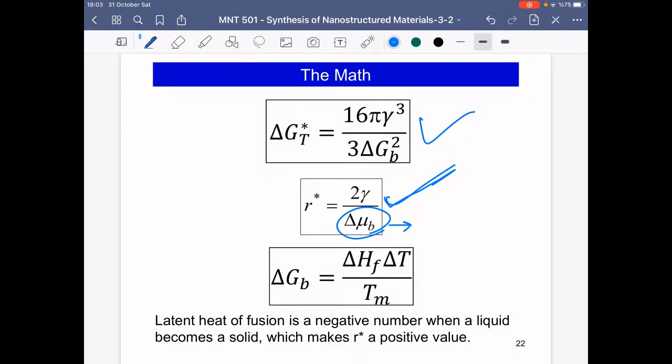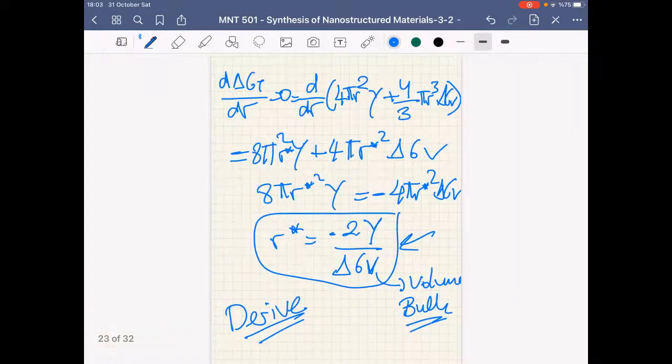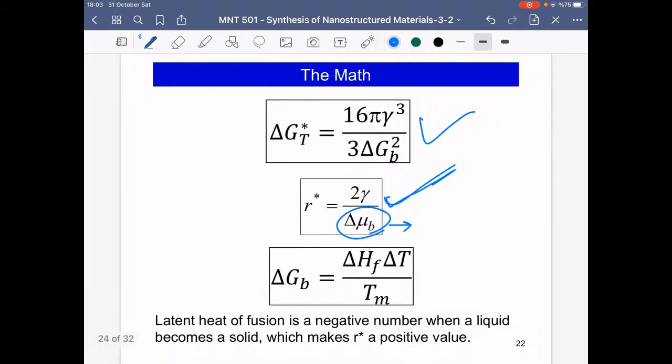And again, in thermodynamics, if you put this R star that you derived into your delta G term, then you're going to derive the delta G star. So please make those derivations to understand what's really going on.